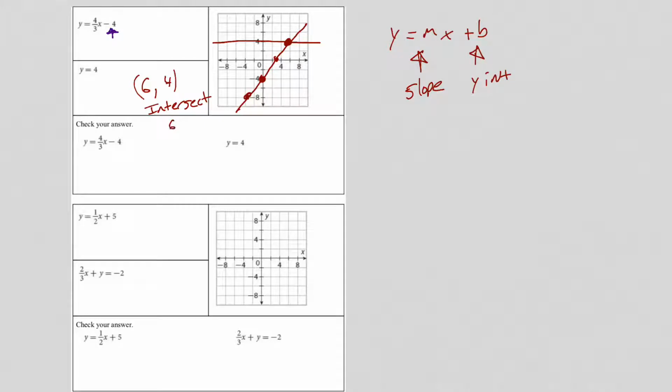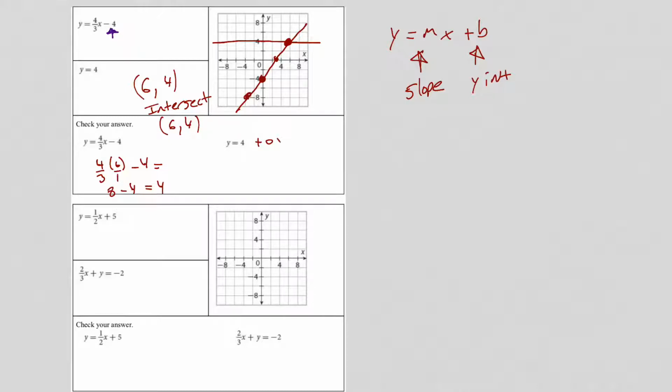And this point 6, 4 should be true for both equations. If I take 4/3, multiply it by 6, and subtract 4 from it, you're going to get basically 2 times 4. So this is 8 minus 4. Is that equal to 4? Yes, it is. And for the second part, y equals 4. There's no x to plug in.